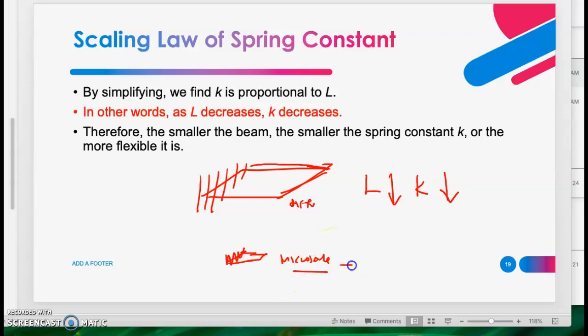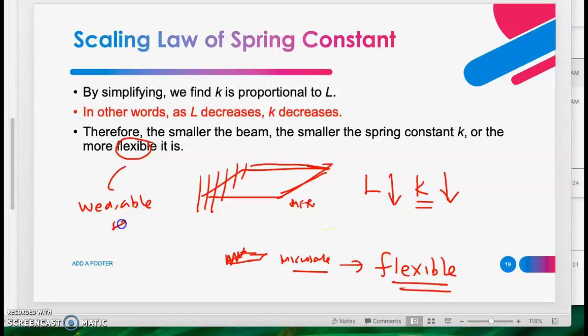So if you go to micro scale, because the spring constant is decreased, it will become more flexible. So why do we need this flexibility? Because now we are moving toward wearable sensors, right? We have sensors on our body, so we need the device to be more flexible. The more flexible, the better the sensor for wearable electronics.